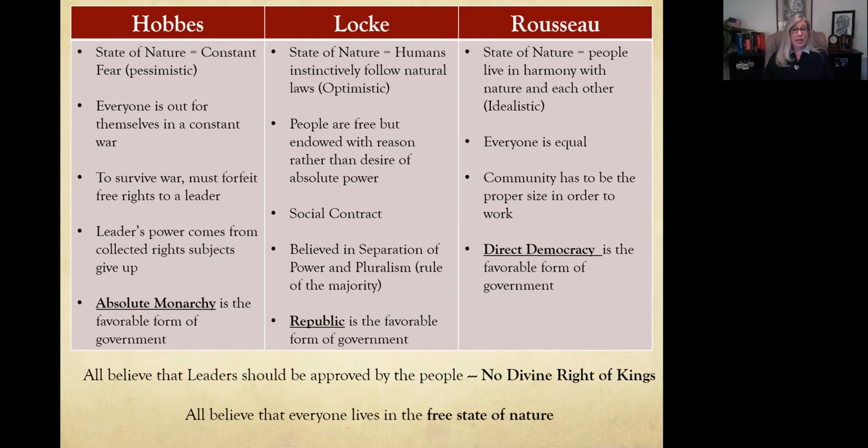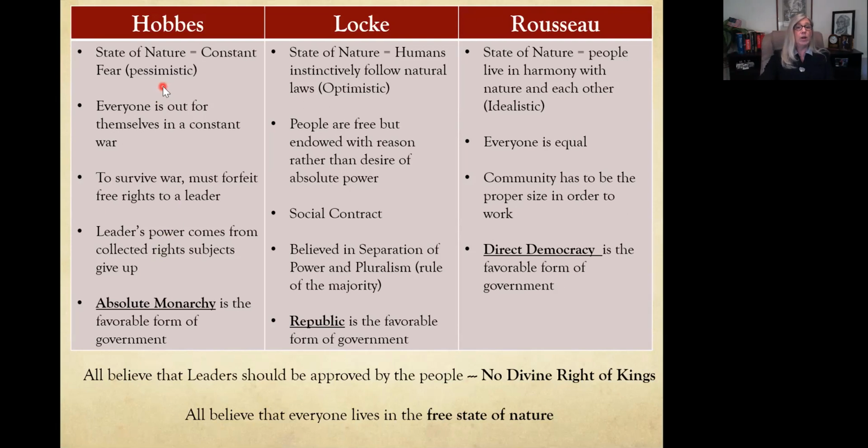And so he believes that with people being worried about protecting themselves and their possessions, that you need to have power invested in one leader who's going to protect all of those rights. Therefore, he believes that an absolute monarchy is the best way to go, right?